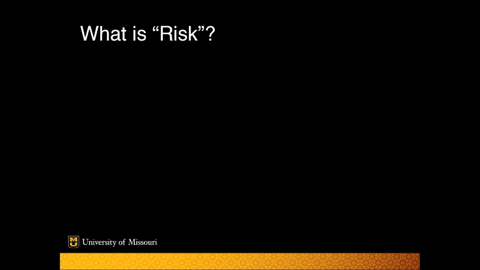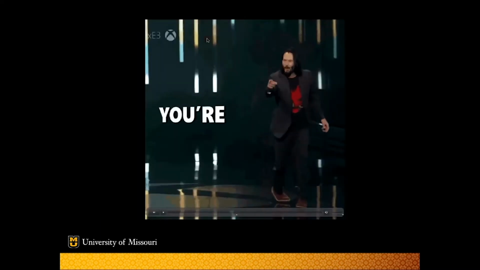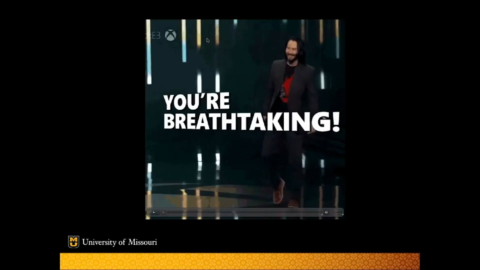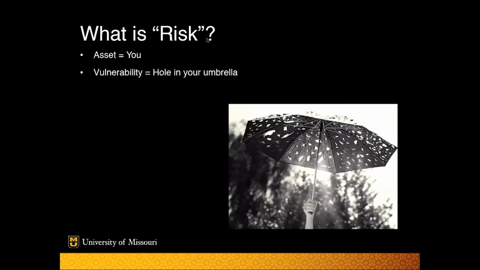So I want to use a quick analogy to help solidify this definition of risk. Let's say that you are the asset, because all of you are assets to both higher ed and this community. Now let's say that the vulnerability is a holey umbrella, not a whole umbrella, but an umbrella with lots of holes in it. And let's say that the threat is you getting wet.